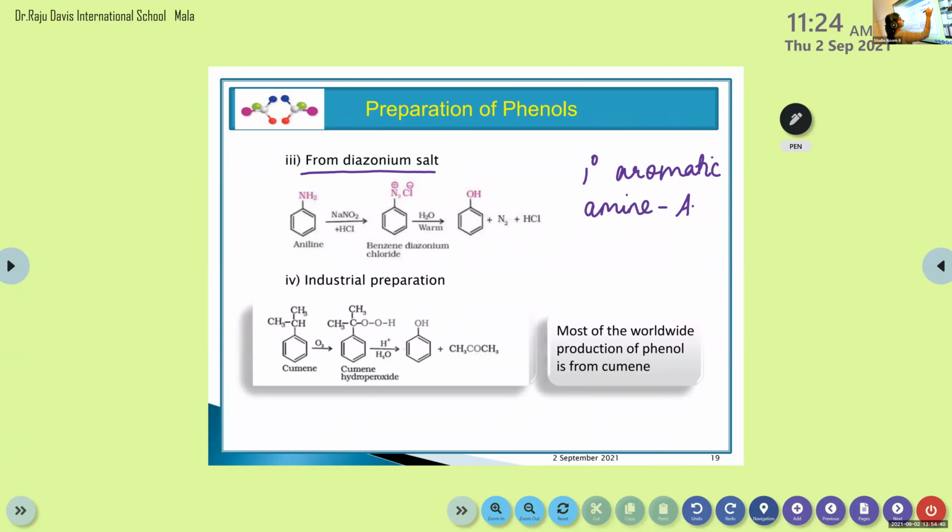That is aniline, a benzene ring with NH2 group. It is reacted with NaNO2 and HCl. This together is known as nitrous acid.